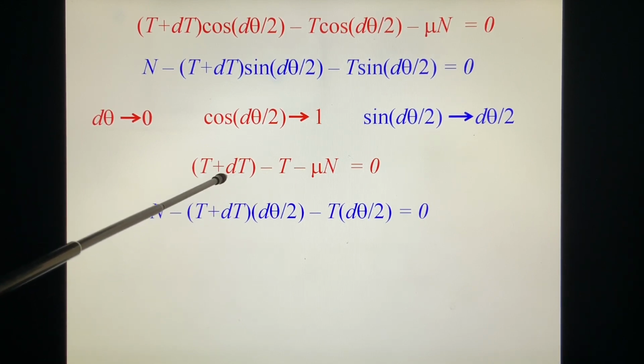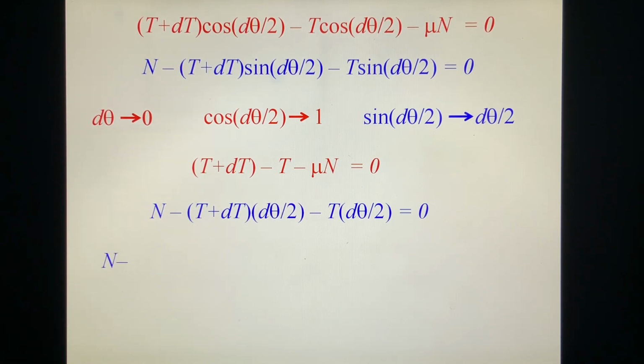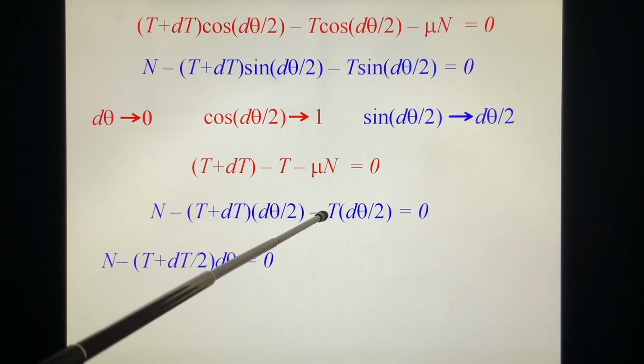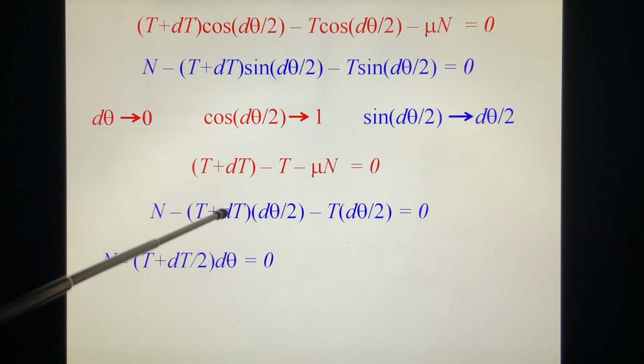This becomes dT minus mu N equal to 0. And in the blue one, you have the T half d theta terms, so you have minus T d theta, equal to 0.